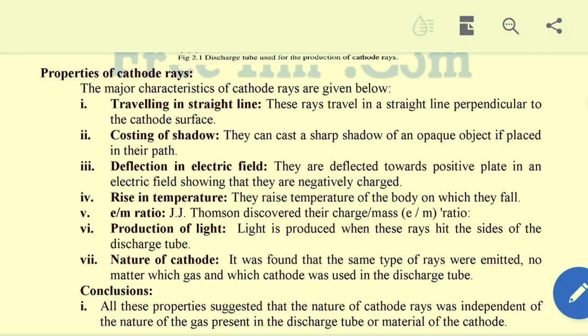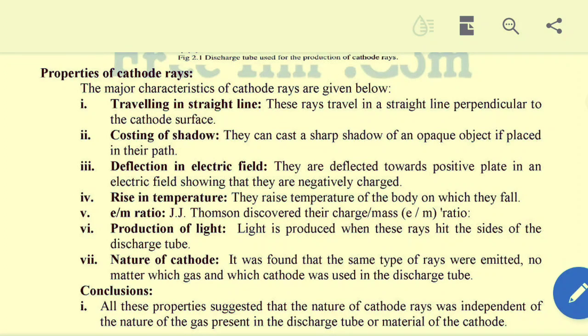That's why the same type of rays were emitted no matter which type of gas was used in the discharge tube. The production of rays in the discharge tube does not depend upon the matter. It depends on the electron, and electrons have the same nature in all elements and in all compounds. That's why it does not depend upon the nature of matter.